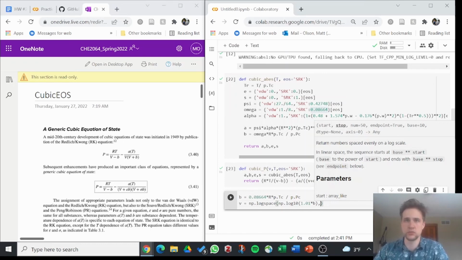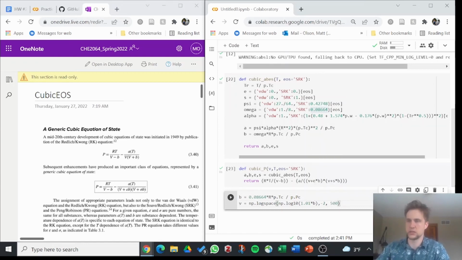And so let's go ahead and start with a smaller value for our logarithmic scale and for volume, and because that's going to end up being 10 to the negative 2 for our volume as our ending point. And then let's get a whole lot of data points in between there.